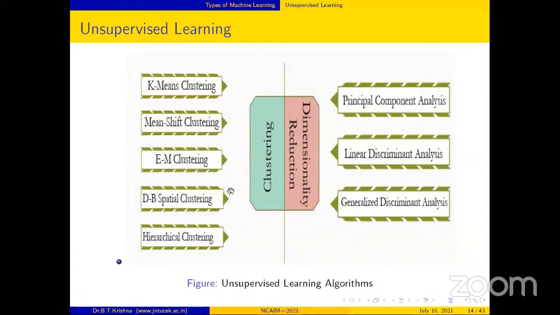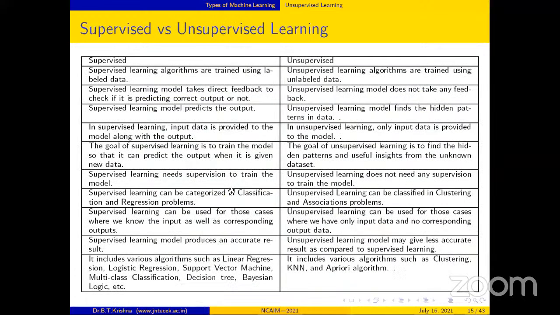Now let us see the difference between supervised learning and unsupervised learning, and understand these types of learning in a clearer manner. Supervised learning algorithms, as I told, are trained using labeled data. Unsupervised algorithms are trained using unlabeled data.